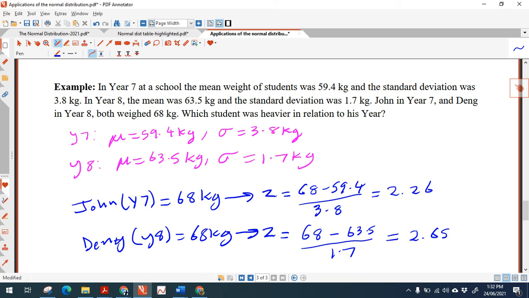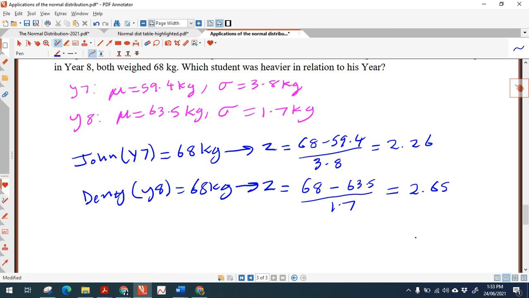Now, if you look at Deng, he's actually more standard deviations above the mean than John.